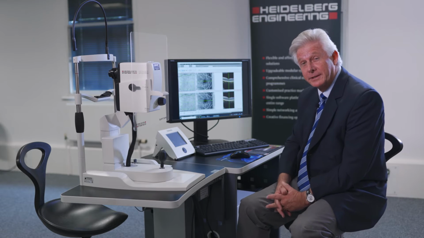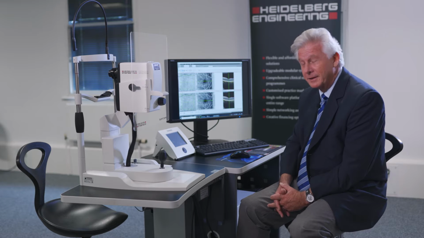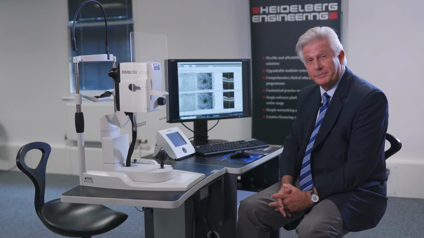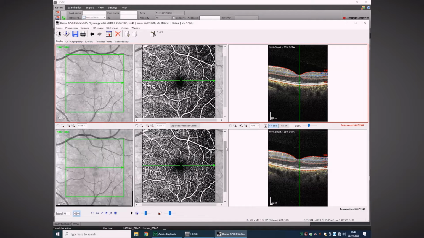So just to illustrate what we try to measure with OCTA, here's a patient that's been examined twice within the space of 10 minutes. So the baseline exam is here, and then the follow-up exam is here. And if I flicker between the baseline and the follow-up exam, you can see that there are differences in the OCTA image.